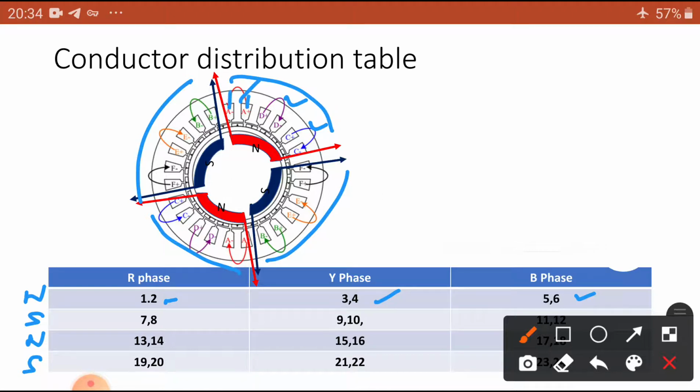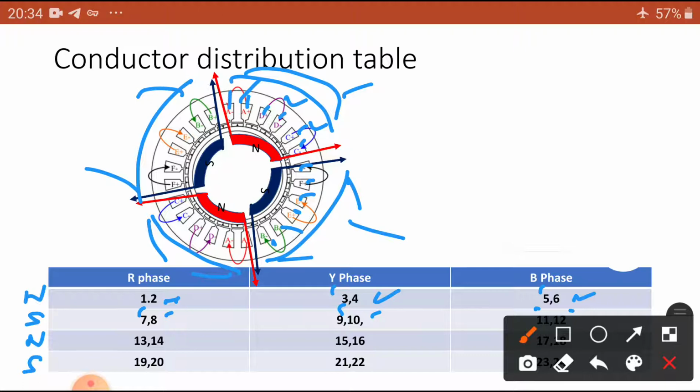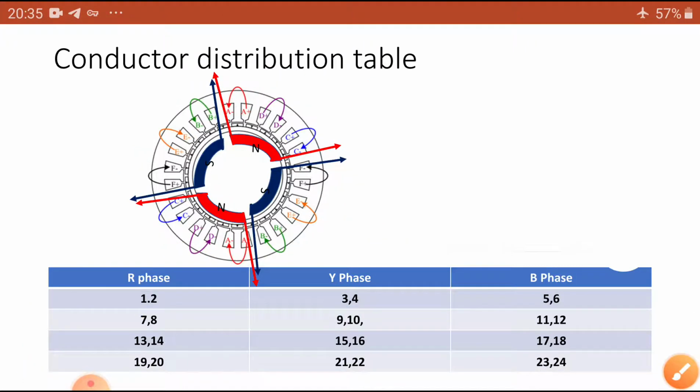So slots 1 and 2 of one phase, 3 and 4, 5 and 6 under one pole. Next another pole pitch, 7 and 8, 9 and 10, 11 and 12 for another phase. Next another pole similarly here, another pole similarly here. Okay. So this is a simple distribution table, dear students.